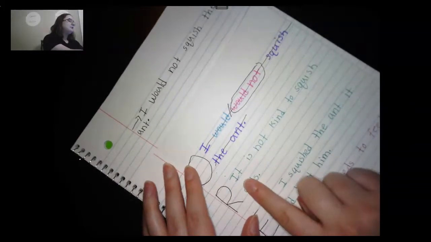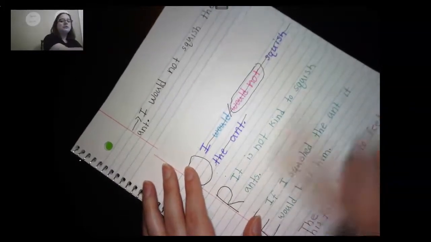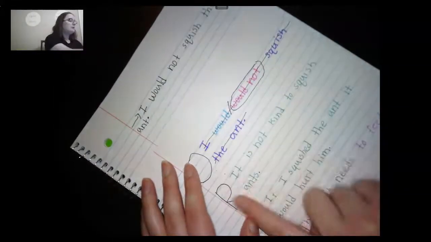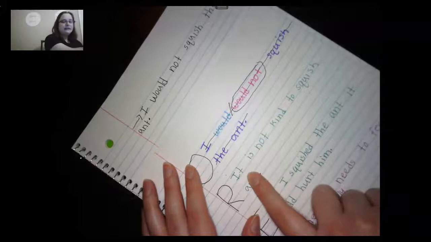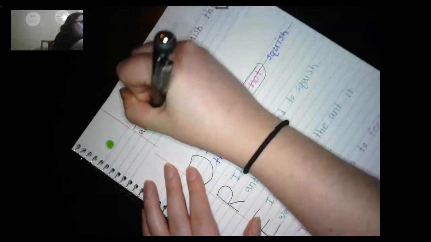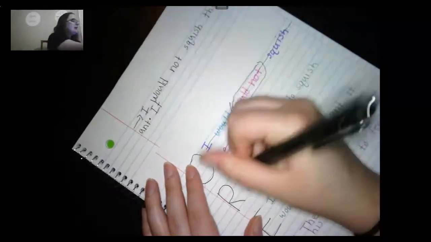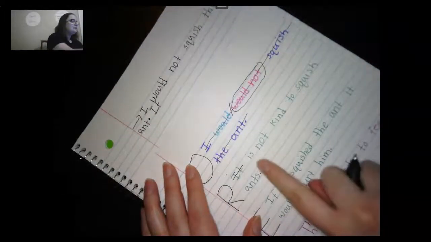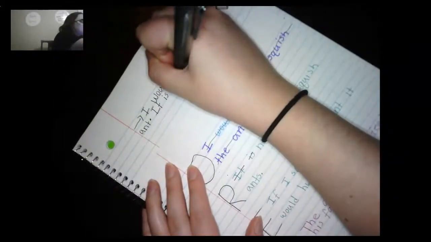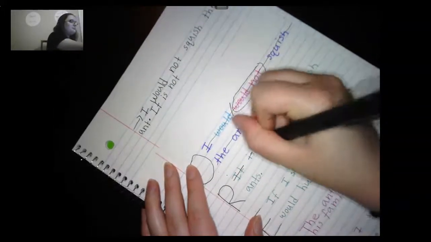So next I have my first reason. It is not kind to squish ants. So that's what I'm going to write up here. And once again, I'm going to start with my capital I and it because it's the beginning of our sentence. So we have it, and then I would cross that one out. And then we'll have our finger space is, and we'll cross that one out. We'll have a finger space not, and then we'll cross that word out.